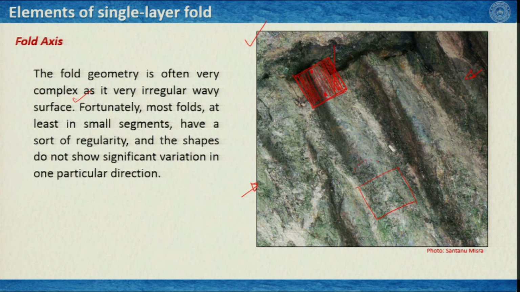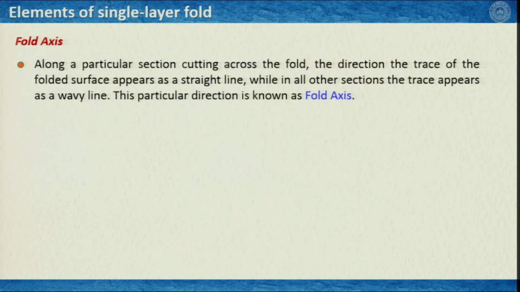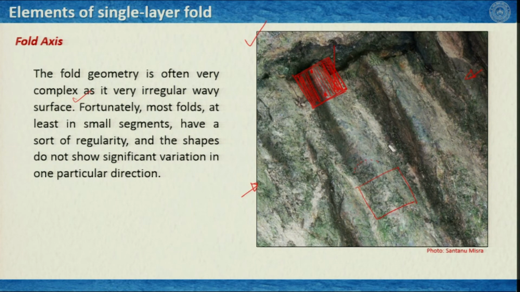Now, in this case, the directions of all these lines are parallel to each other. So, we can define the fold axis in this manner, but we will learn it later. Before that, let us see how we can conceive this fold axis in a different way.